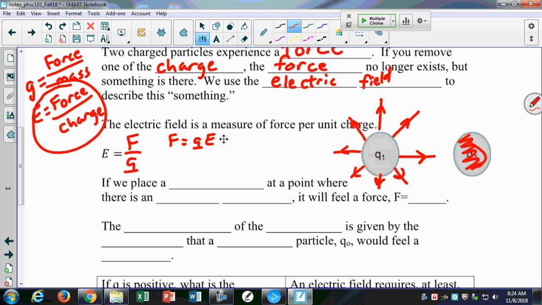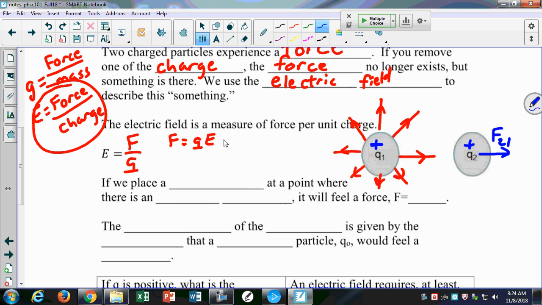And if I imagine that I bring Q2 back, then the force on Q2 due to Q1 is going to be along the direction of the field lines. It's going to be in that direction. These are both positive particles. Let me put some of that in words, because I said some pretty big things.